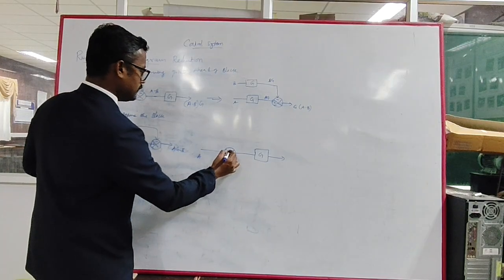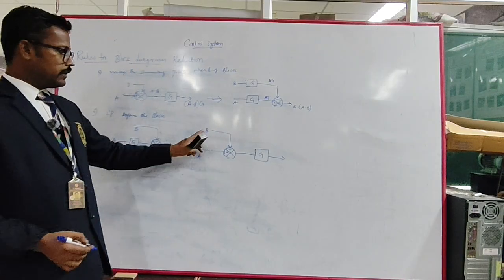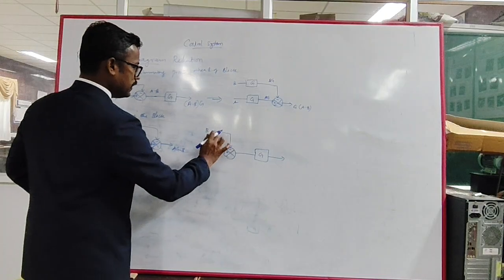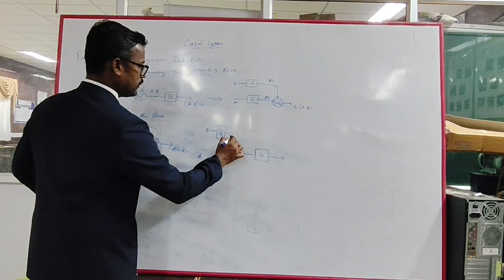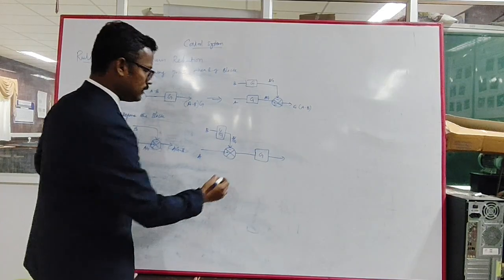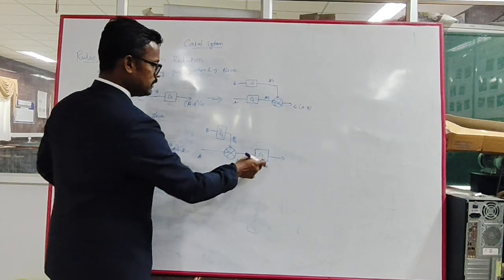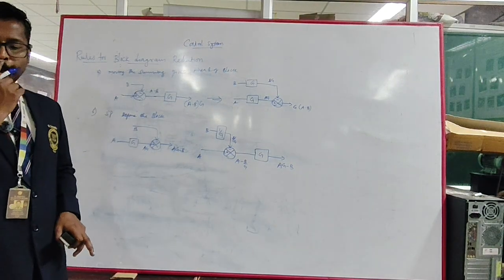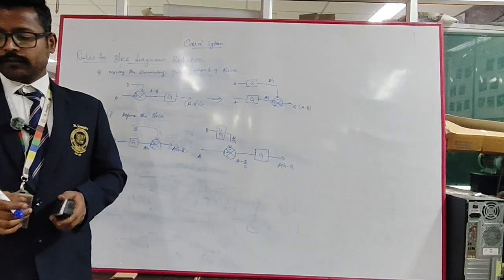Here it will be summed up with plus and minus. So if you take this B, what will you get? A minus B into G is not the thing; we need AG minus B. So I have to multiply B with 1 by the gain of the block. So I will get A minus B by G, and if you multiply it with G, you will get AG minus B.